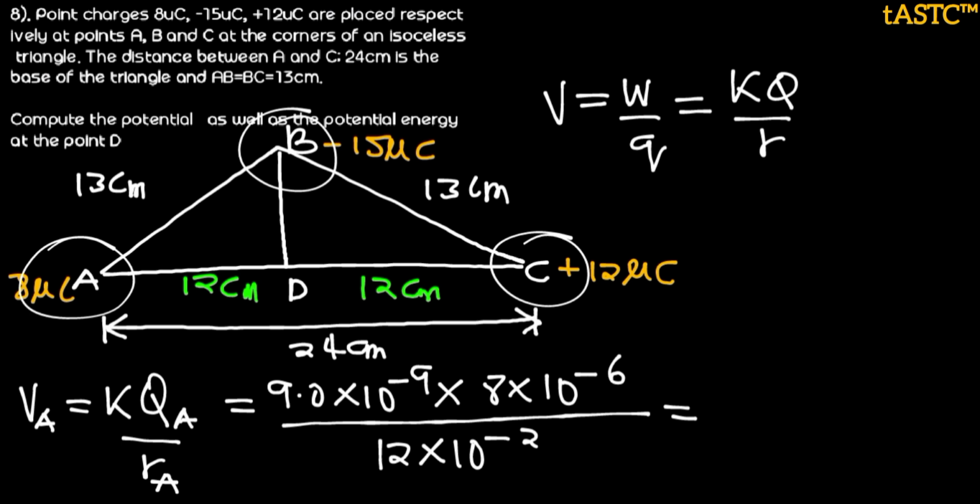So that gives us 6.0 times 10 to the 5th. I'm going to write that here. V sub A is going to give us a plus 6.0 multiplied by 10 to the 5th volts.